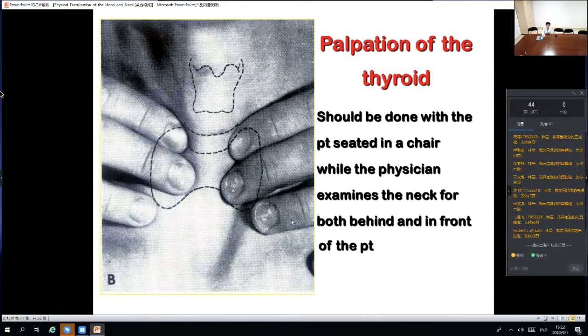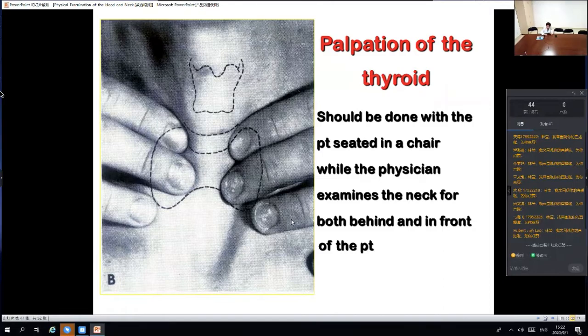And another key point of today's talk is the palpation of the thyroid gland. This should be done with the patient seated in a chair while the physician examines the neck both from behind and in front of the patient.